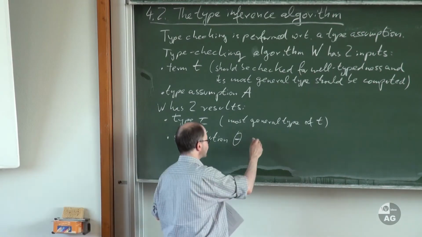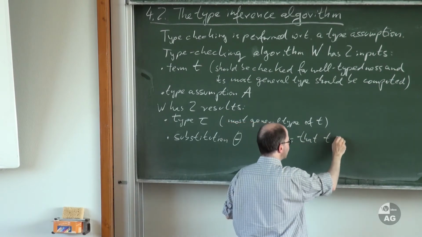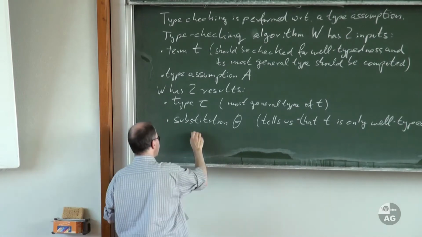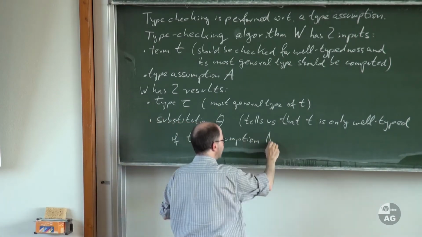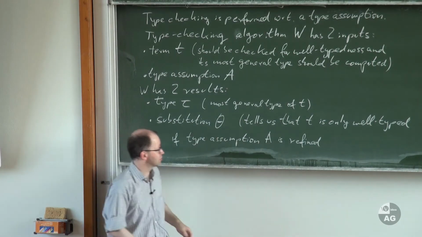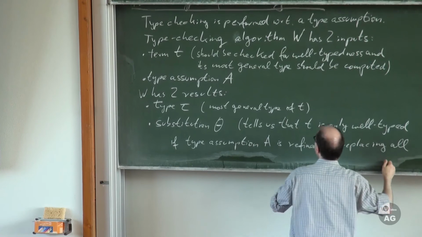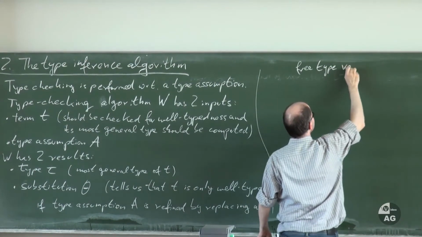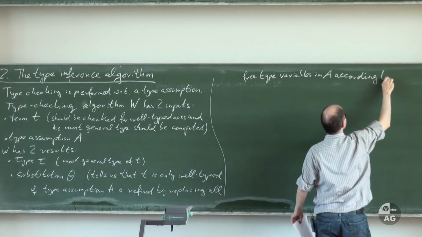So this substitution tells us that T is only well typed if the type assumption A is refined to the type assumption where we replace all free type variables in A according to the substitution theta.